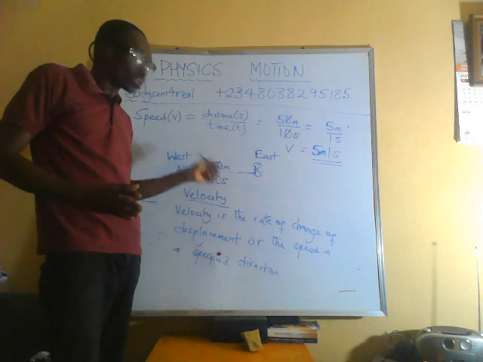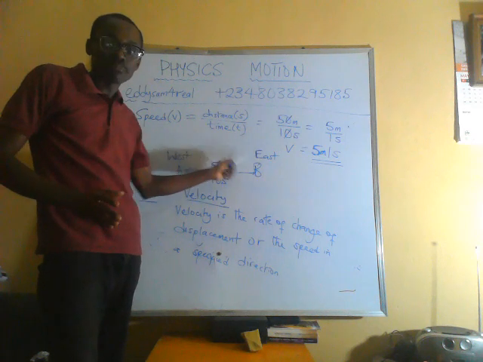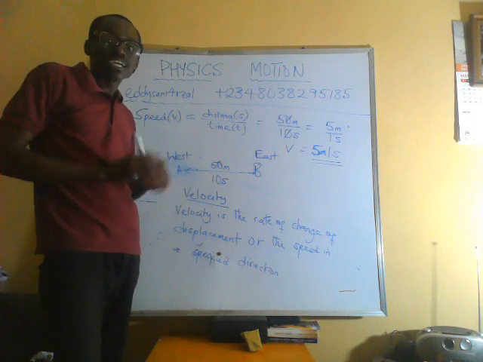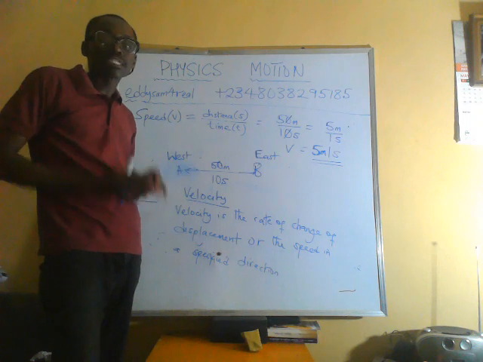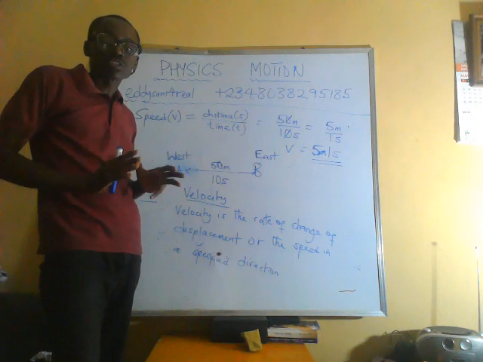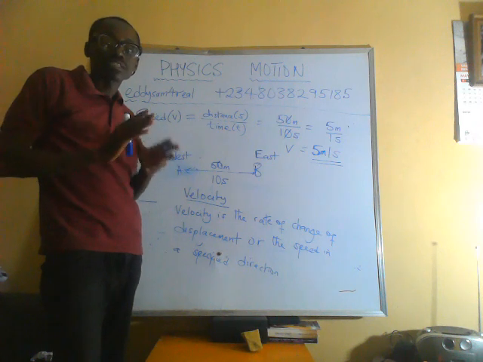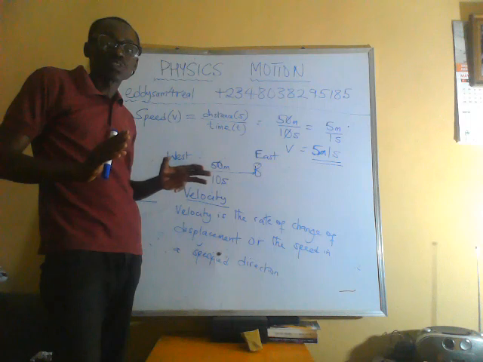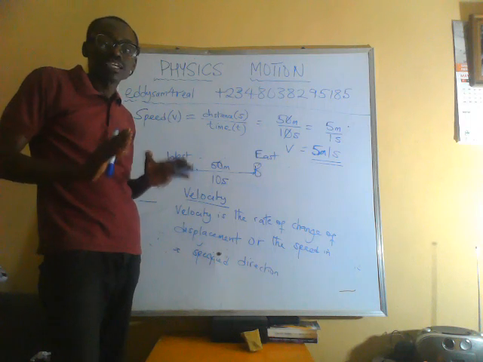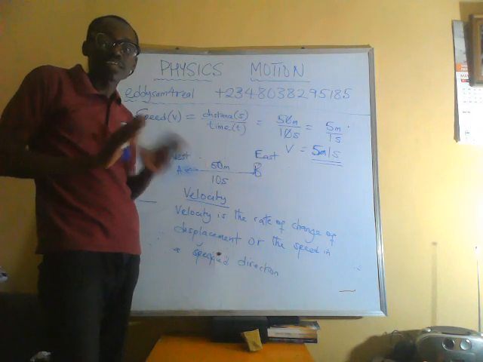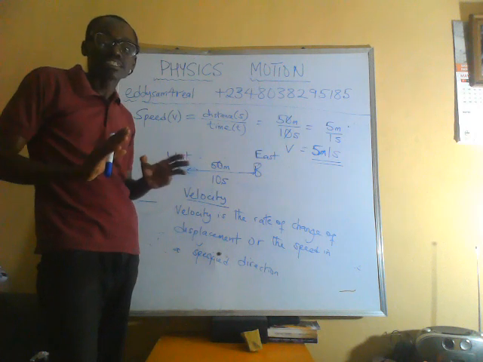At this point, now that the direction has been stated, it is no longer speed anymore. It becomes velocity because the direction has been stated. When you state the direction, it is no longer speed, but without the direction it is speed.